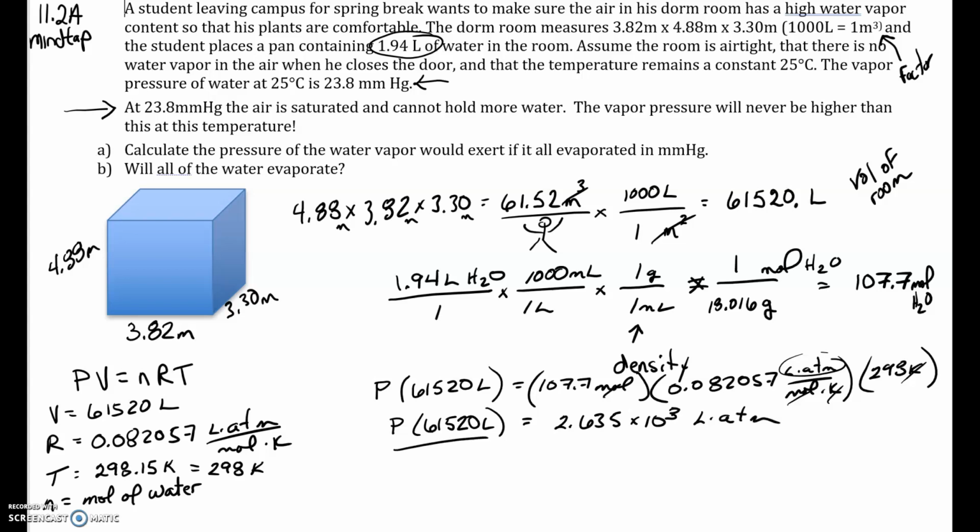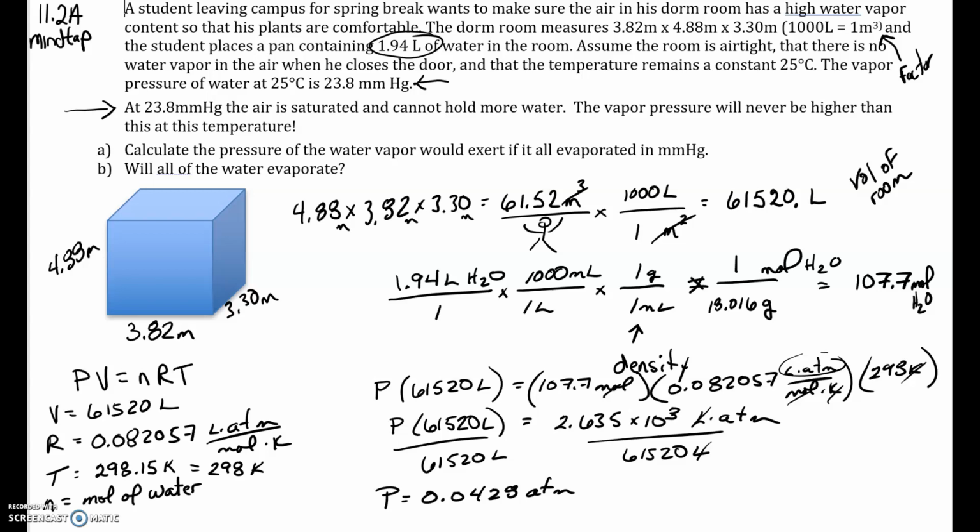So now I'm going to divide by liters, 61520. Whatever I do to one side, I have to do to the other. These liters are going to cancel, and I get a pressure in atmospheres. Yay, that's what we wanted, which is 0.0428 atmospheres.